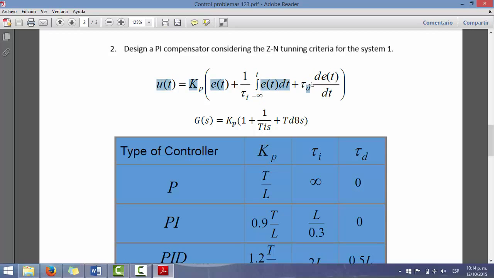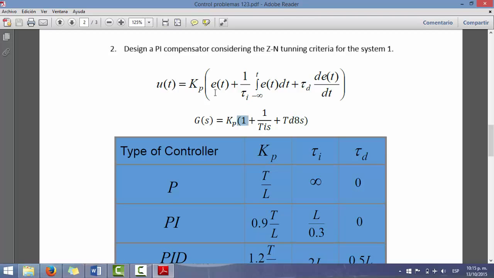We had this formula taken from a control book, and we know that the integral part is equal, in the domain of S, to a division by S, and the derivative part is equal to multiplying some terms times S. I think this is an error, just an error of the formula.